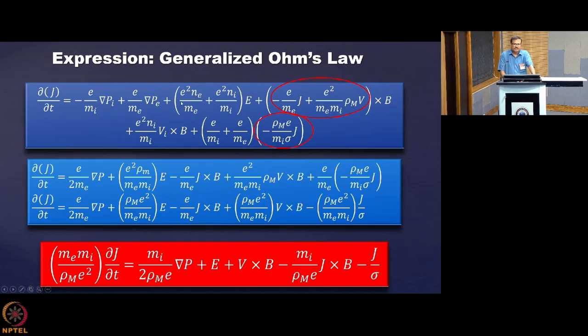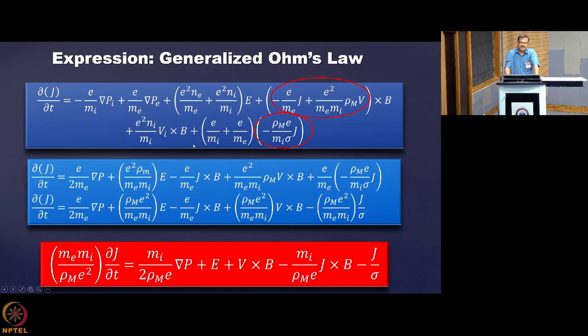Now here you should know that this Ne and Ni have the same value for a fully ionized plasma. So when you multiply these two, and then me plus mi ni gives you the mass density, and then you put me mi at the bottom.